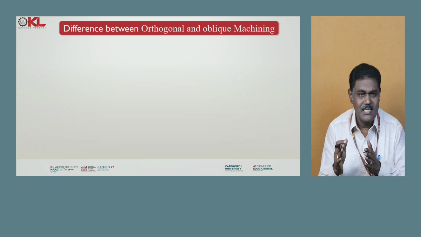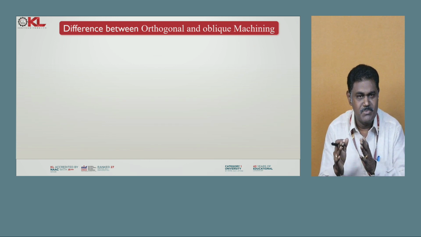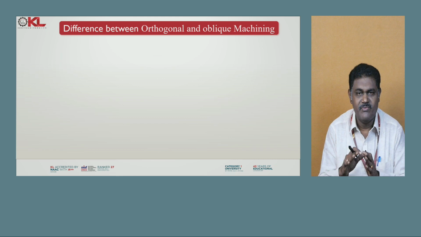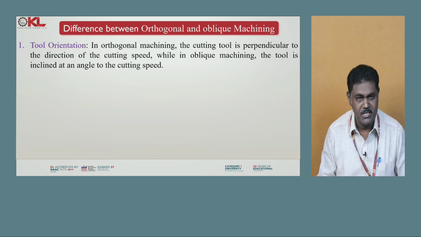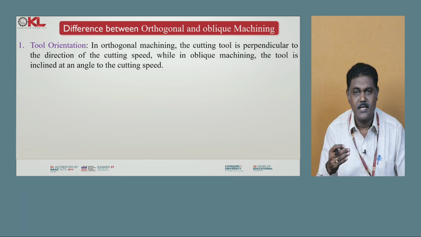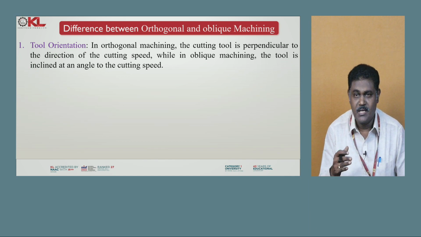Now you have observed both the machining methods. What are the differences between orthogonal and oblique machining? The first difference is tool orientation. Already we have seen that in orthogonal machining, the cutting tool is perpendicular to the direction of the cutting speed, while in oblique machining, the tool is inclined at an angle to the cutting speed.